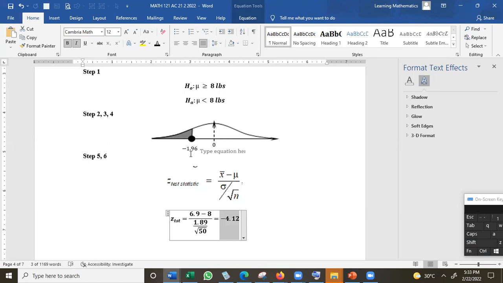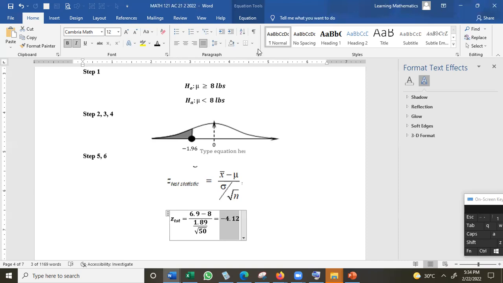The critical value is minus 1.96. And what we get for the test statistic is negative 4.12. So we have to plot the negative 4.12 with respect to the negative 1.96 to see where that test statistic will land, because the curve already has a critical value, which is negative 1.96.